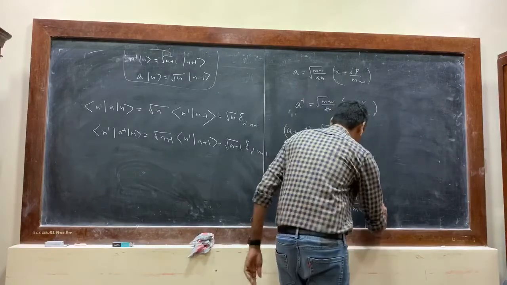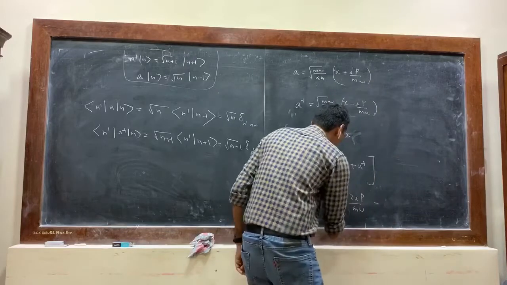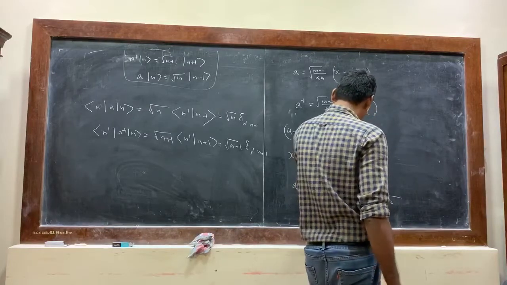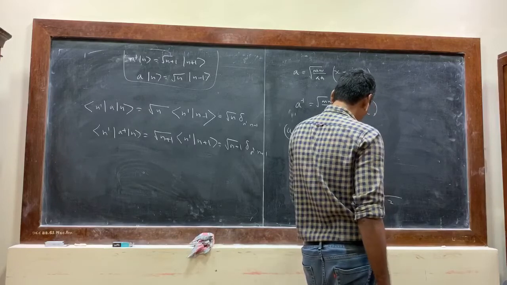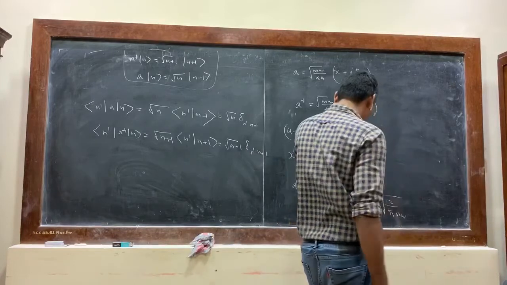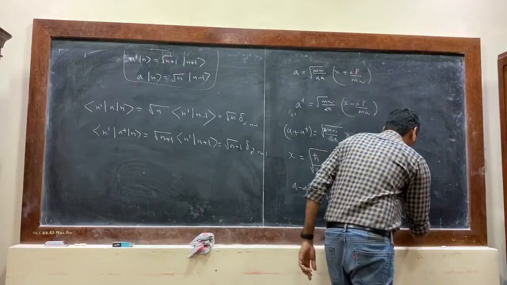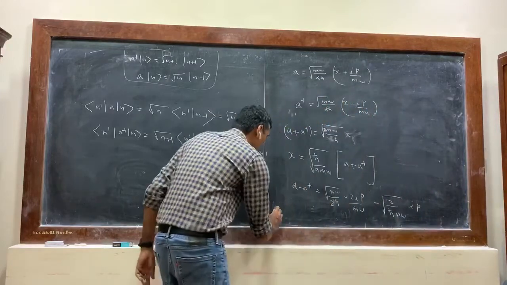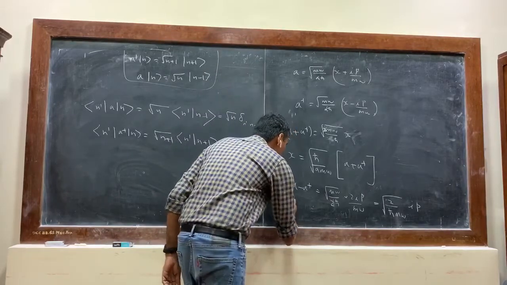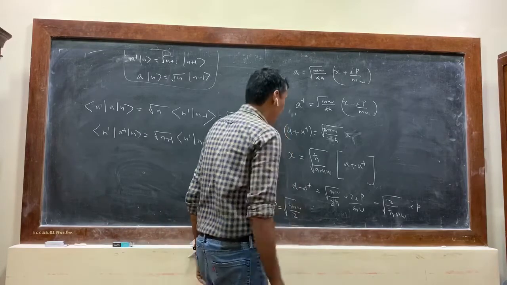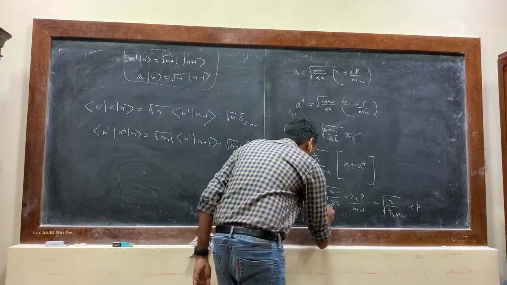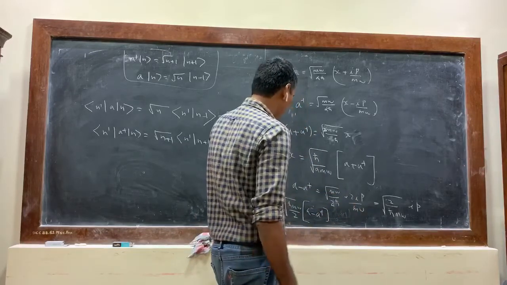Simplifying, that gives square root of 2 h cut m omega times ip, or you can say that p is equal to square root of h cut m omega divided by 2 times (a minus a dagger), and the i has to come to this side, so it becomes minus i.